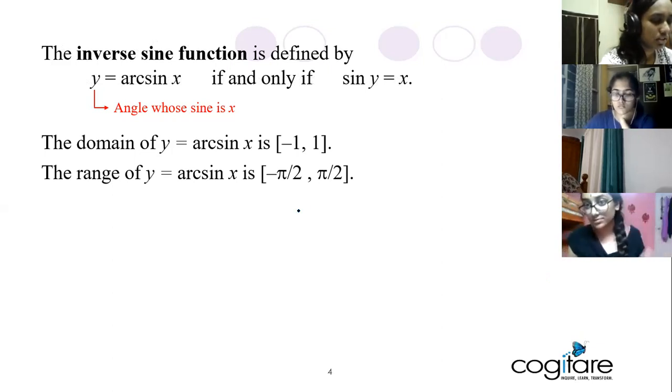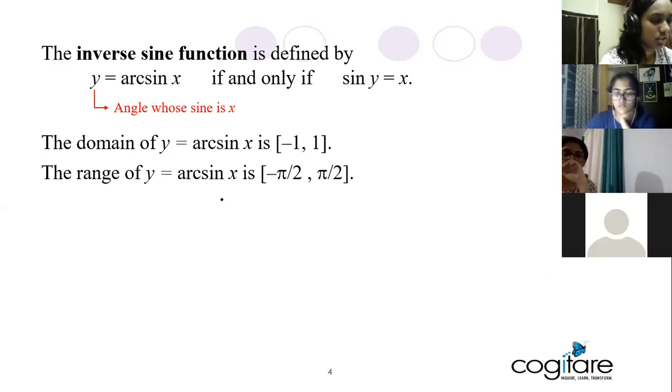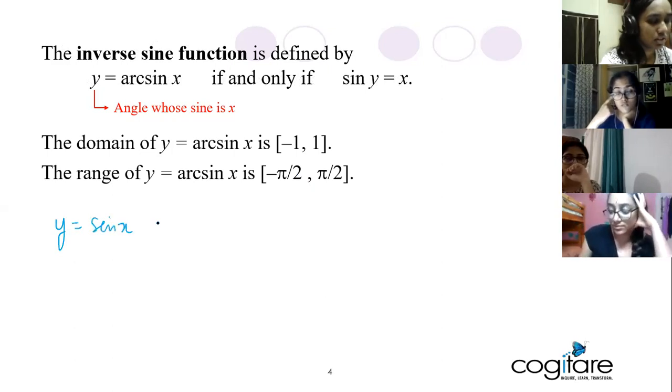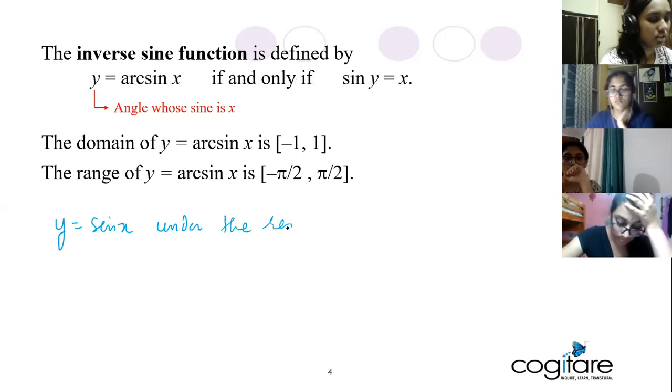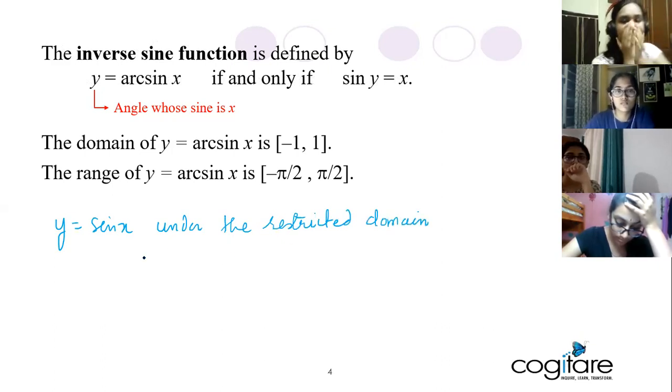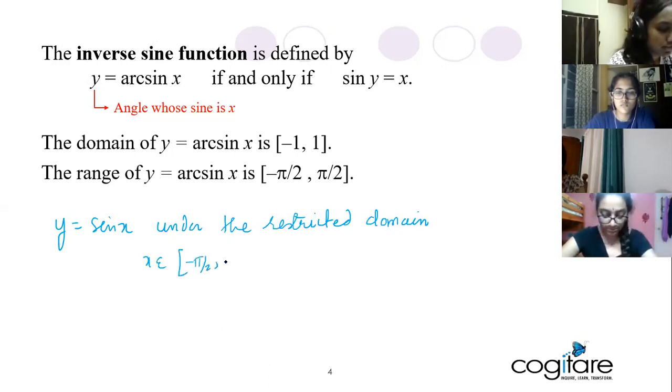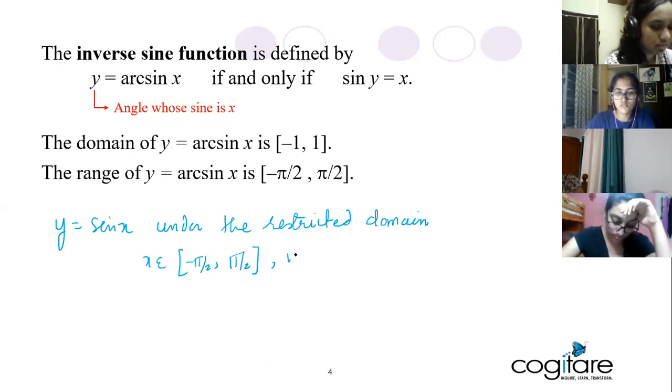All right. So we conclude by saying that the function y equals sine x under the restricted domain of x belongs to minus pi by 2 to pi by 2 will have an inverse, will be invertible.